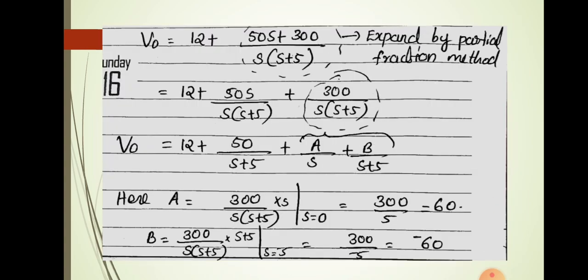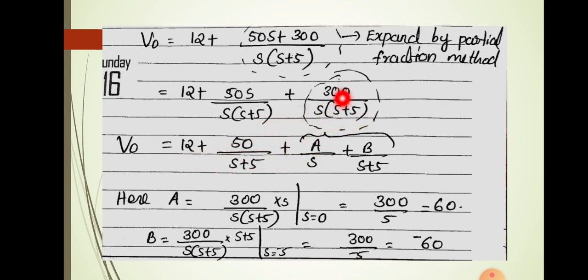So to find out the time domain value, you have to find the partial fraction expansion of this term. For 12, you can directly find the inverse Laplace transform, but here you have to apply partial fraction in order to find the time domain expression. So you can go like this: 12 plus 50S divided by S into S plus 5, plus 300 by S into S plus 5.